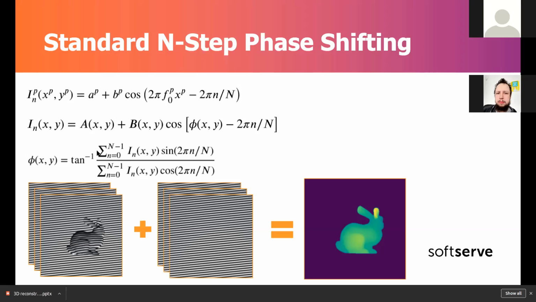So actually, this is quite simple. We just project, and using the reference images and reflected images, we calculate this arctan function for each pixel.